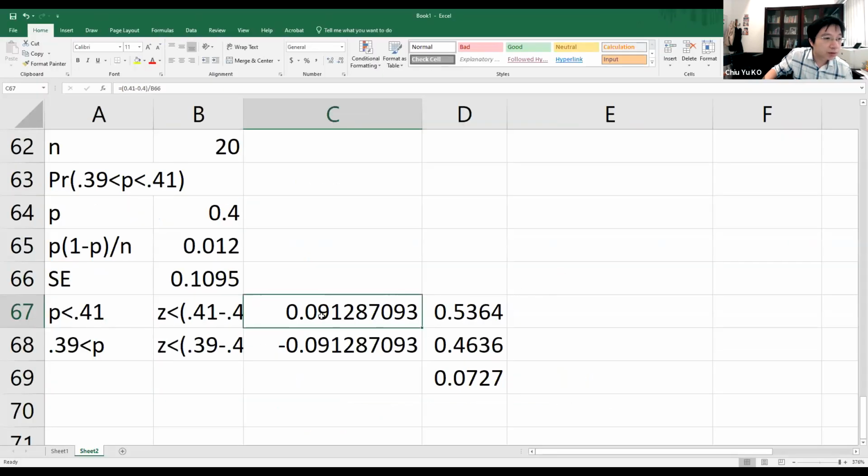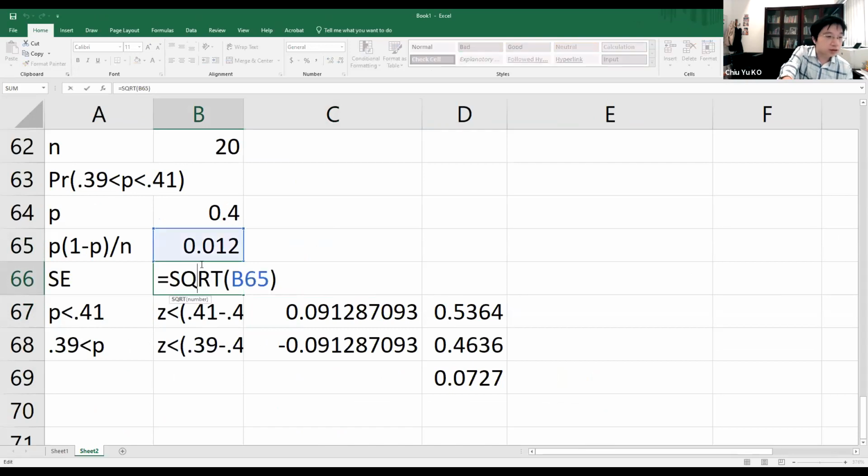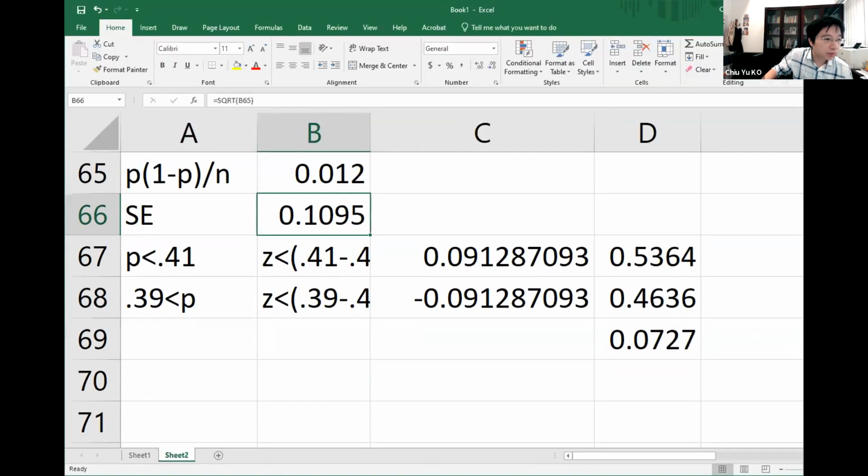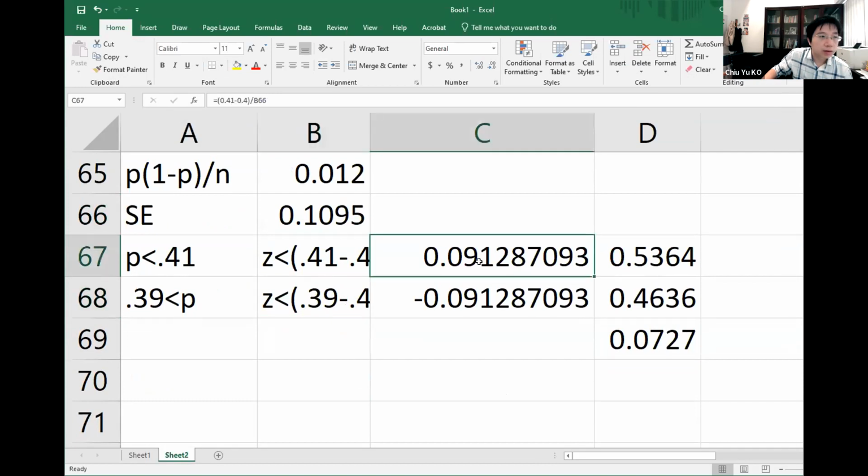Maybe a typo. I see. So I guess there's a typo here.